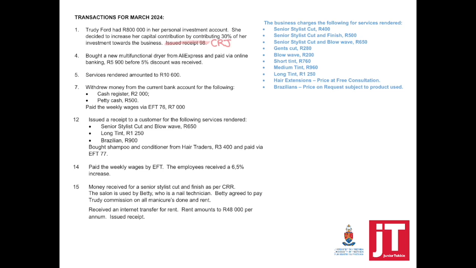On day 4, bought a new multifunction dryer. So keywords, paid via online, bought new, that means CPJ. Day 5, services rendered, CRJ. Day 7, withdrew money from the current bank account, CPJ. Paid the weekly wages, CPJ.